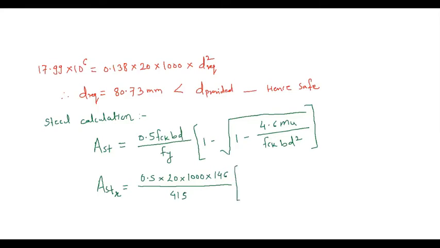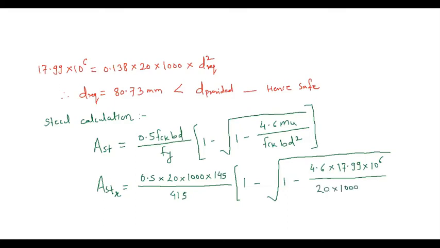If you have the values, you can tell me right now. 1 minus under root 1 minus 4.6 into bending moment in x direction, d is 145. Okay, this value is 145, not 146. It is 145 into 10 raised to 6, divided by fck is 20 into b is 1000 into again 145 square.